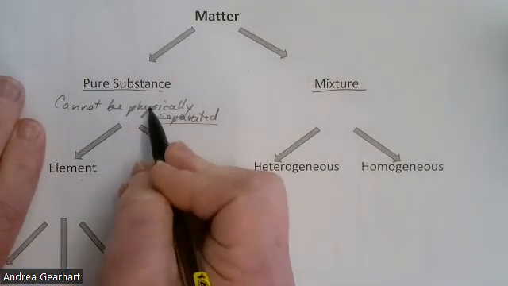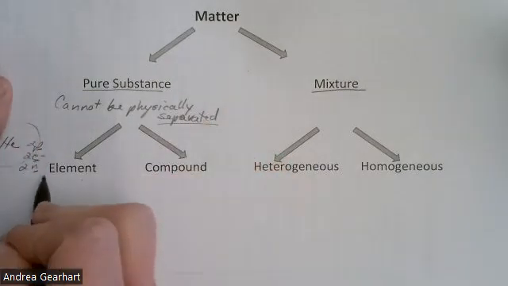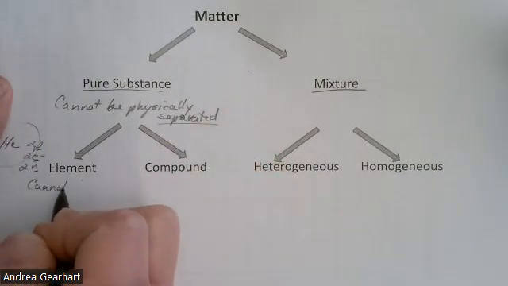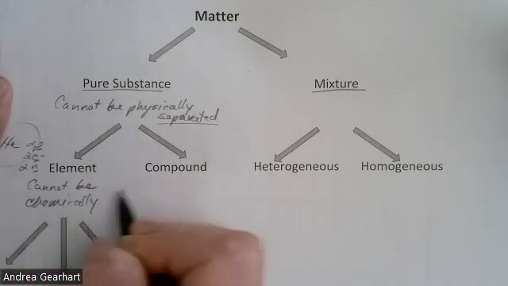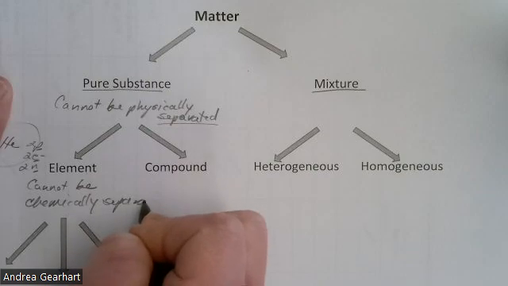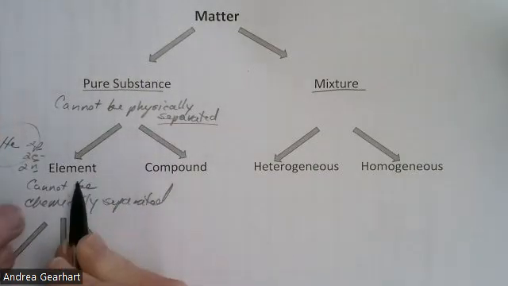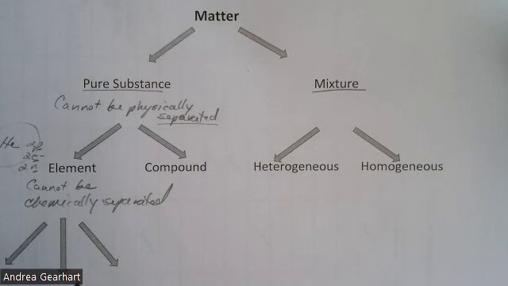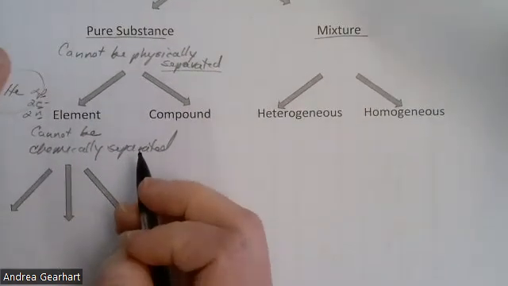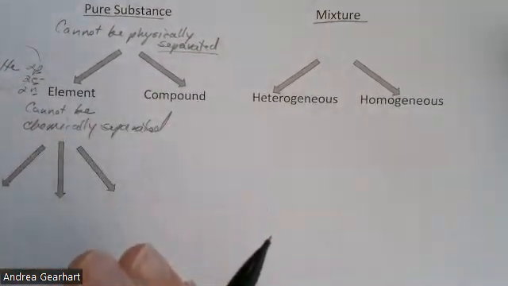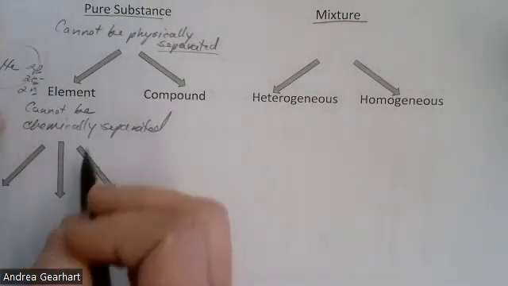Elements cannot be physically separated, but they also cannot be chemically separated. We can't perform a chemical reaction and separate out the protons, neutrons, and electrons. Elements are specific types of atoms, so we have the whole periodic table to remind us of the specific elements. We can use the periodic table to help us with placement.